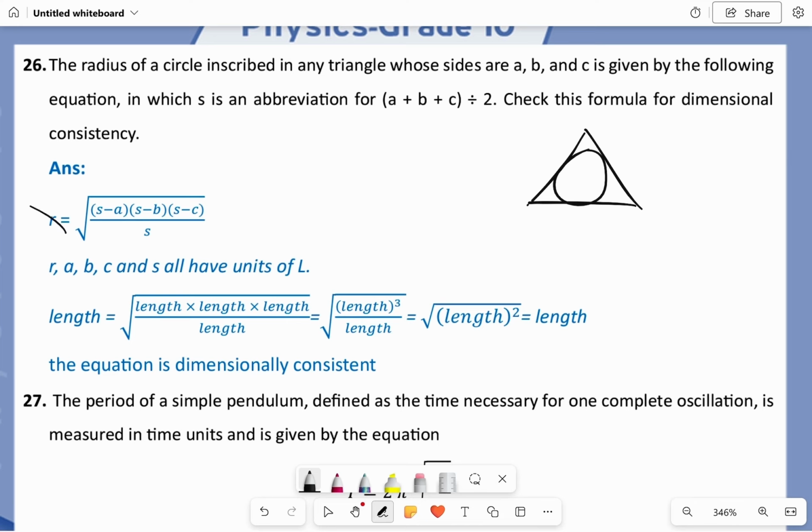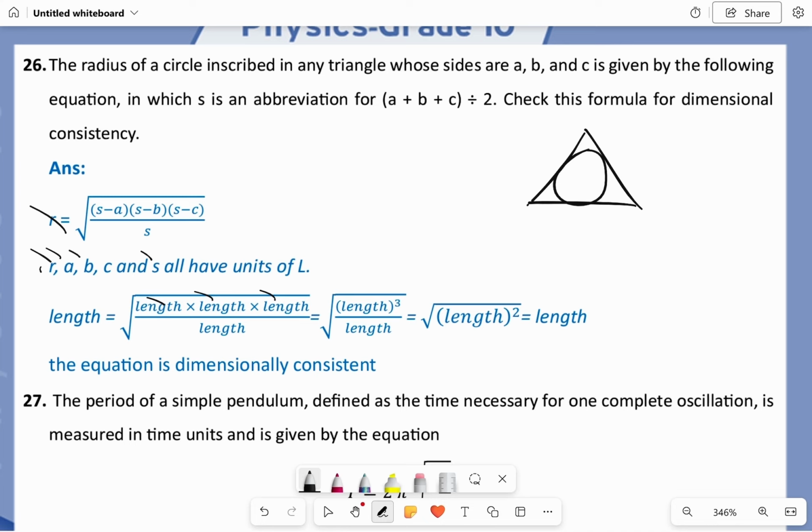So you have R, which is equal to square root of s minus a multiplied by s minus b multiplied by s minus c, divided all by c. R, A, and B are length, and S also is length. So you'll put, instead of all of these, length. So you'll say length multiplied by length divided by length.